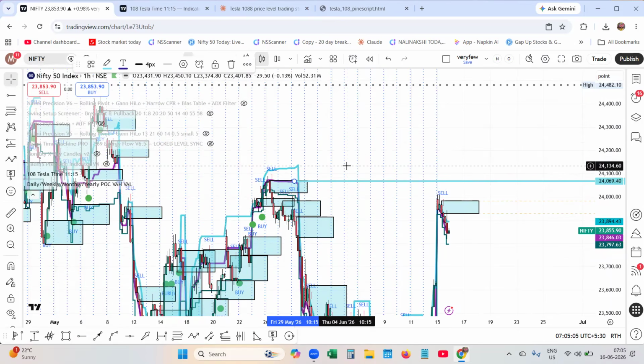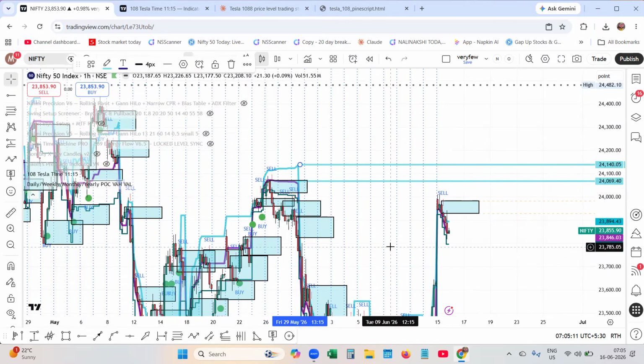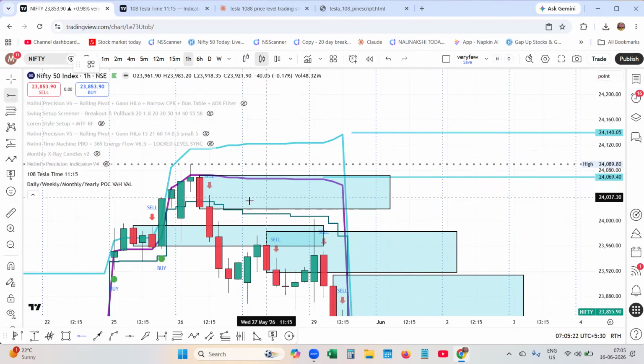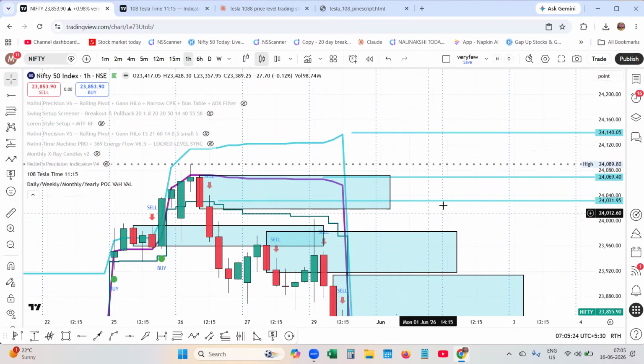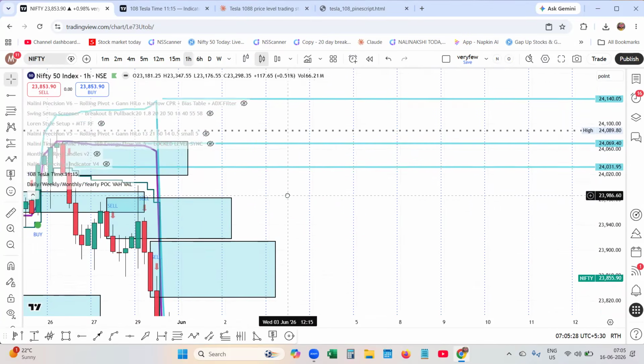The value area high is 24,134. If we zoom in, the market has broken down below this, and this is the value area low, beautifully aligning with the Tesla time zone.